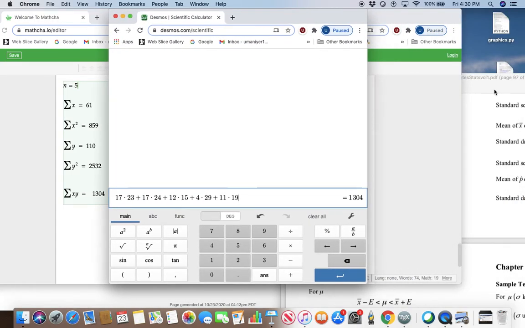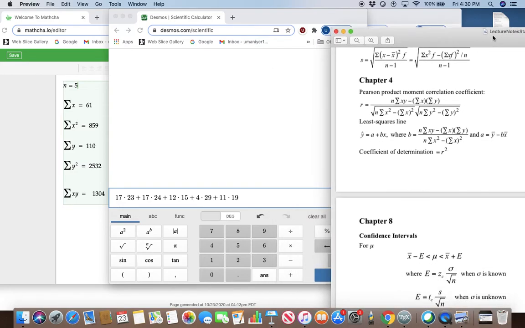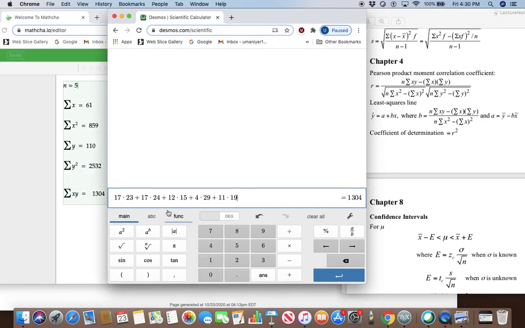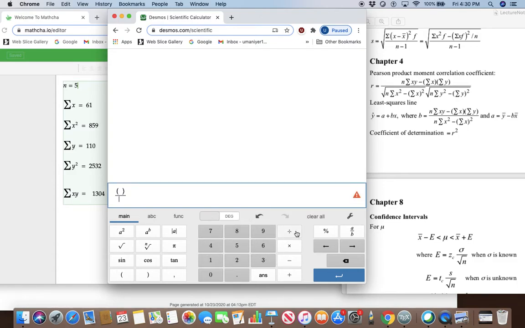We just need to use our formula here. Notice R is a fraction of something over something. So I will write something divided by something.